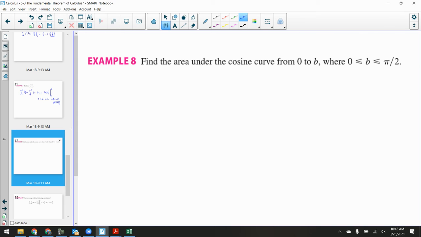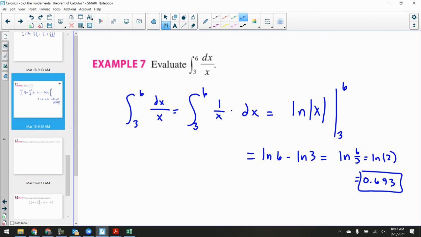Let's do another one. Find the area under the cosine curve from 0 to b, where b is in between 0 and pi over 2. Yes? The last one, I missed. Why did you say we don't have to do anything with the dx? That is part of the notation that gets canceled out when we take the antiderivative.